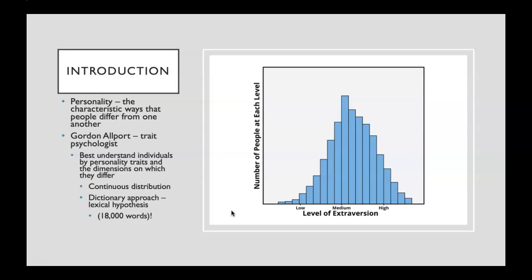And so what they did later is they conducted a factor analysis to see which words were closely associated. That's a whole statistical method that I'm not going to explain right now. But if you are interested, let me know. It's talking about which words are heavily associated with one another.